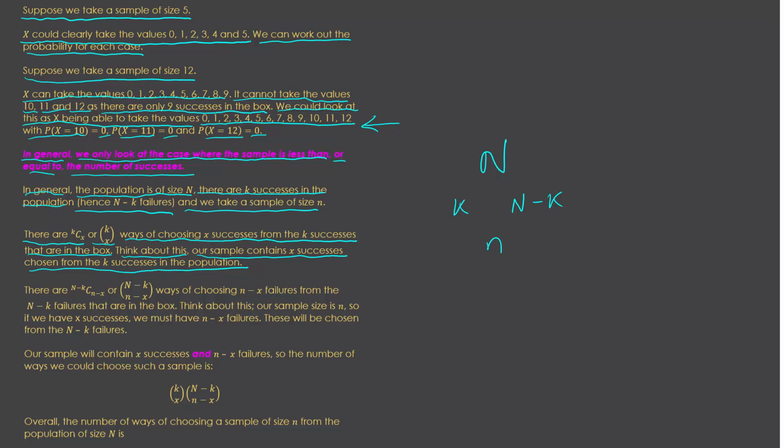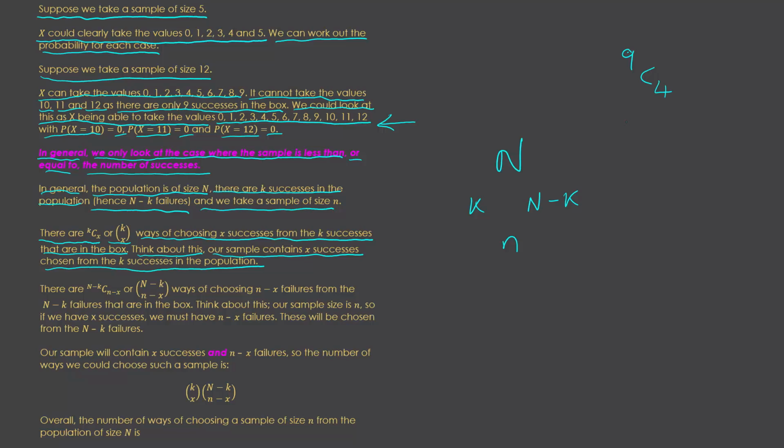So if we relate it back to the yellow and red disks we had before, we know that there were 9 yellow disks. If we were to get 4 successes, there would be 9 choose 4 ways of getting those successes. Also, for choosing the reds, let's say our sample was of size 6, there would be 21 choose 2 ways of getting 2 of those, and then we would have 4 successes and 2 failures.